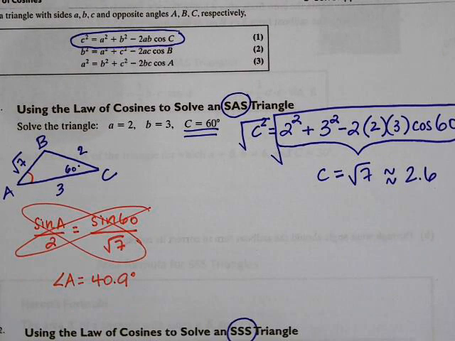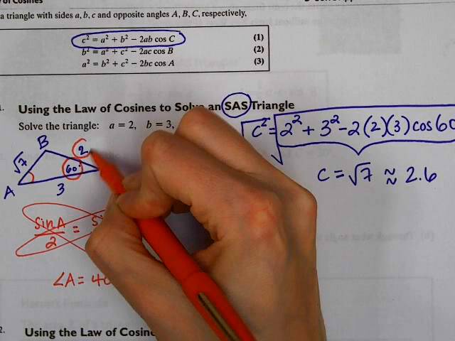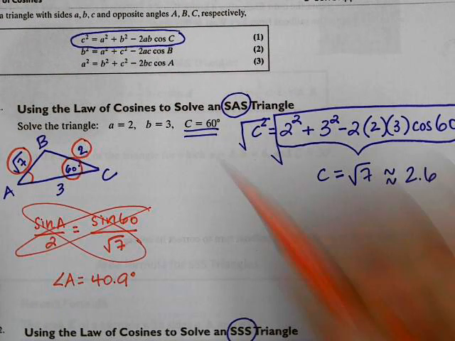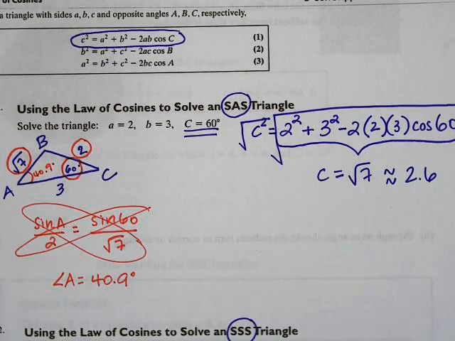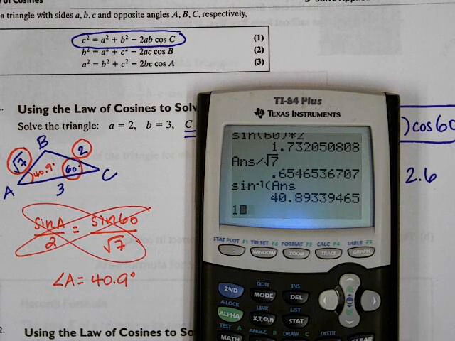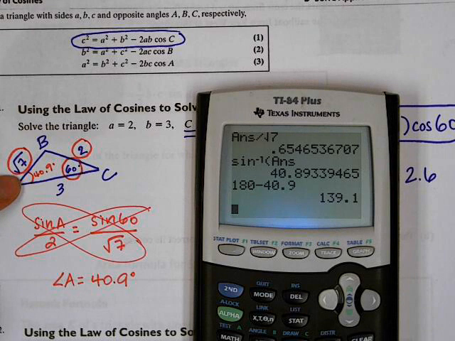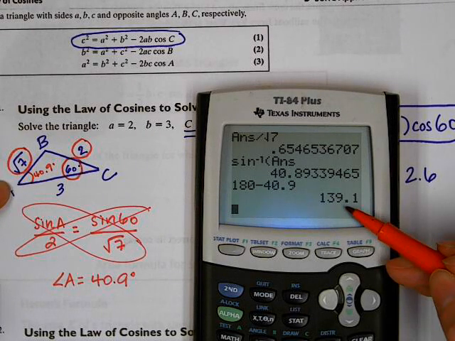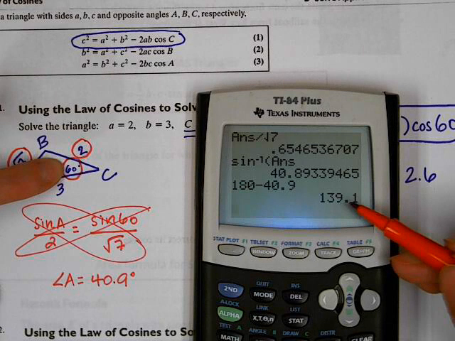Now, one thing we have to be careful of, since I used angle side side, we have to make sure that we have the right triangle. So if we do 180 minus 40.9, if there was a second triangle, angle A would be 139.1, which wouldn't work with the 60, so we're okay.